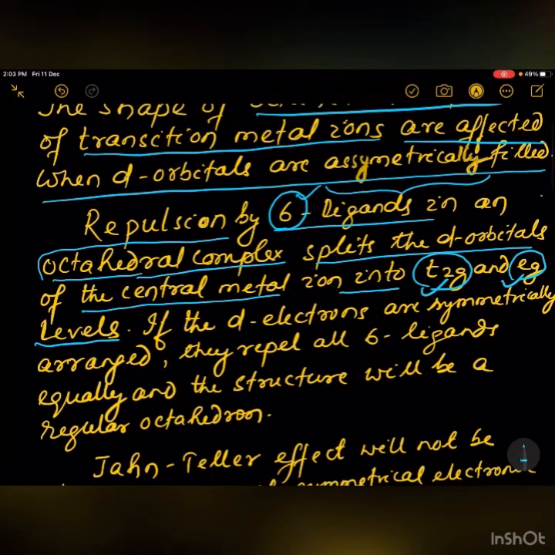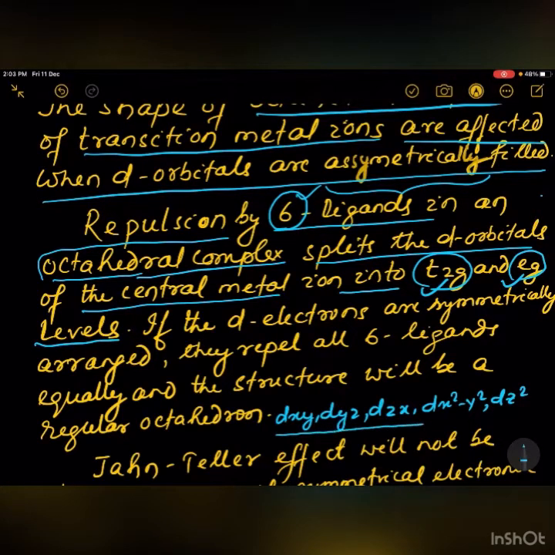You know, in the d subshell there are 5 orbitals: dxy, dyz, dzx, dx square minus y square, and dz square. Out of these 5 d orbitals, the first 3 are known as t2g. The last 2 are known as the eg set of orbitals.